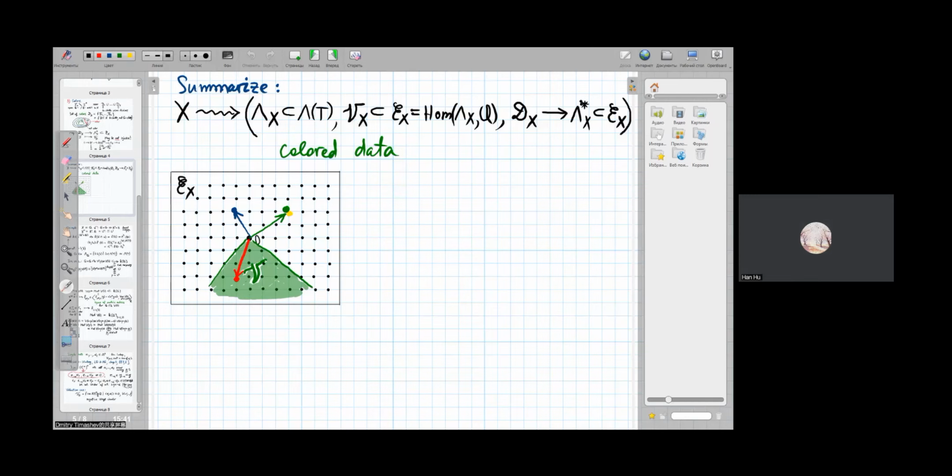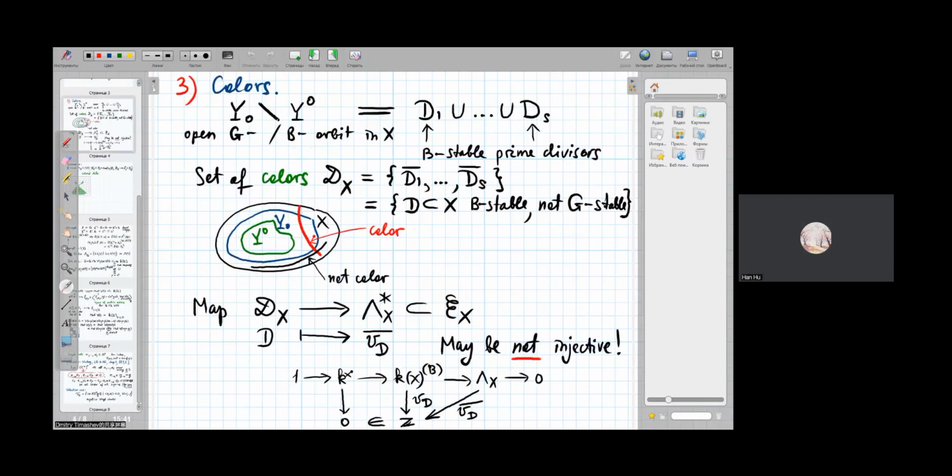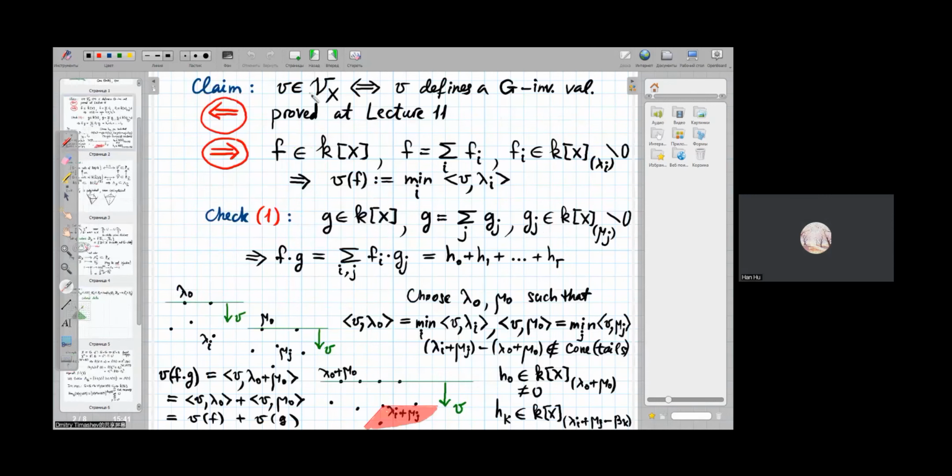We proved that each vector in this cone corresponds to a G-invariant valuation of the function field of X. Yes. So when you check this valuation on a multiplication of two functions, if you have some f lambda naught and g lambda naught, you mean this discussion? Yes. So why do you always have a non-zero component on the part kx, on this part?